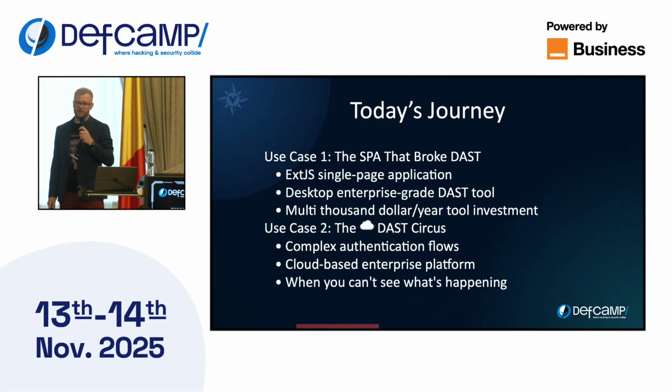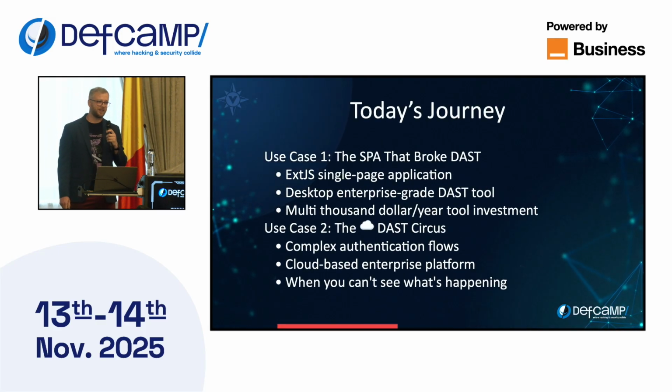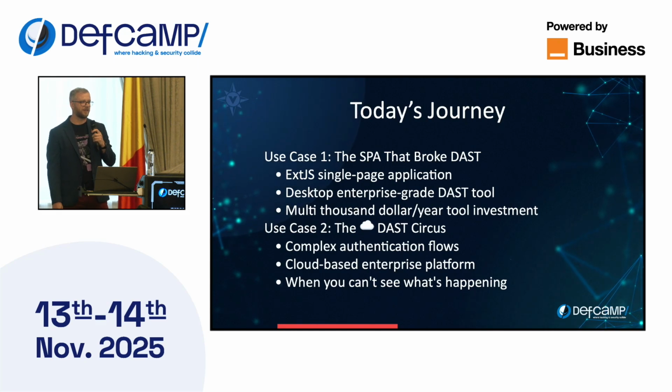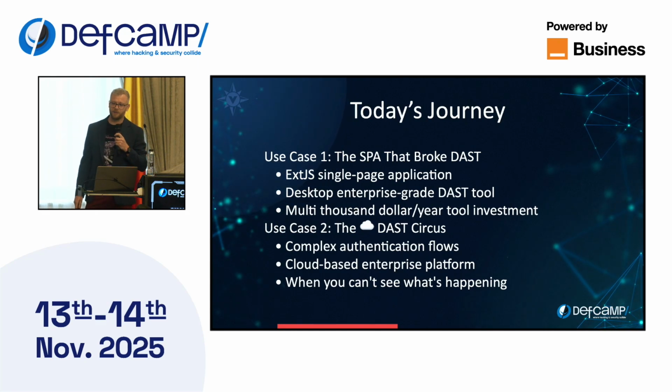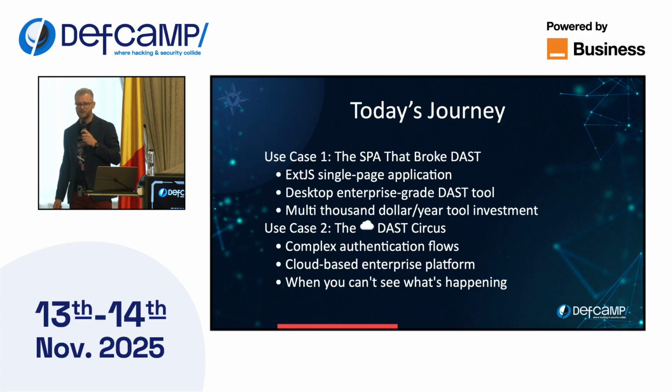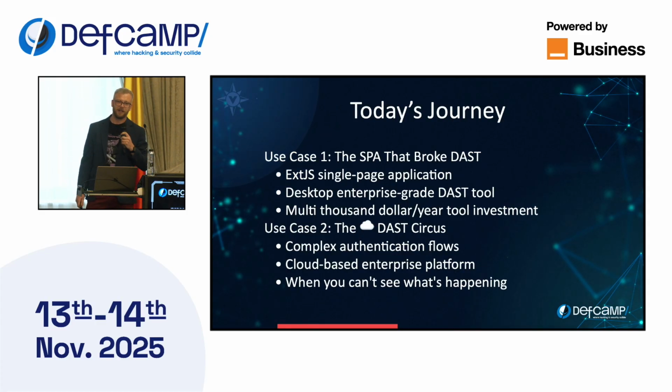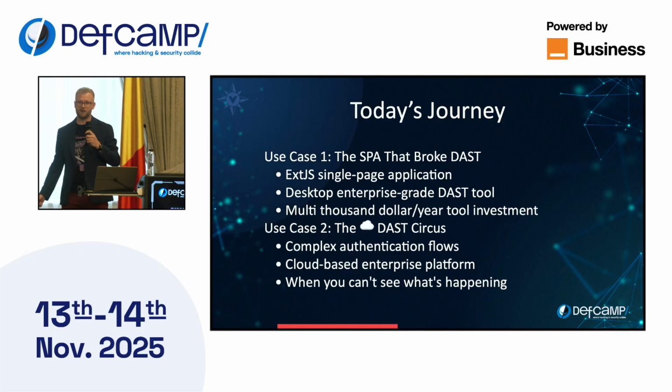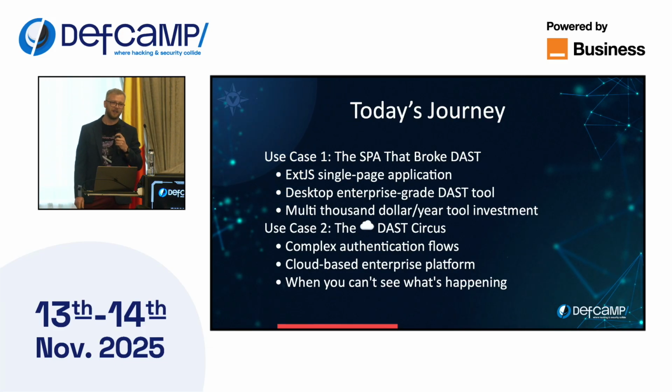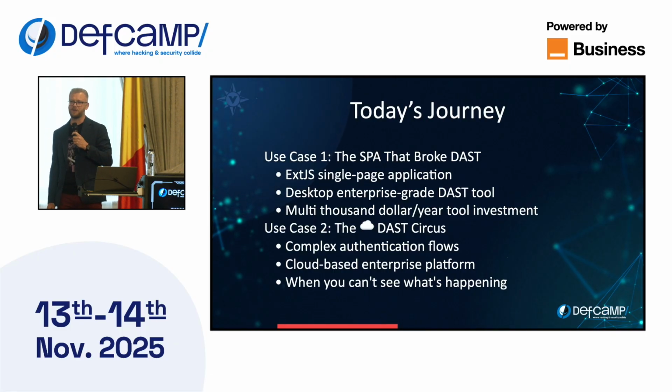So on today's journey, I'm going to present 2 use cases that relate to dynamic application security testing and how to overcome them. The first one is going to be about a single-page application, a huge application, I would call it a legacy application, that was developed throughout 20 years by 10 different teams working together. It used what we may call an obscure JavaScript framework called XJS, which is also an enterprise-grade framework for that matter.